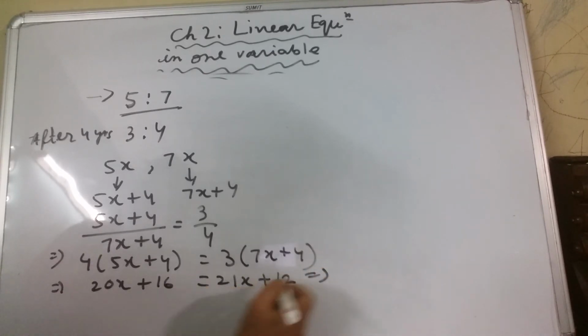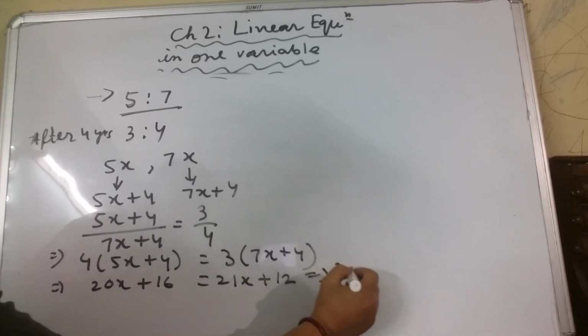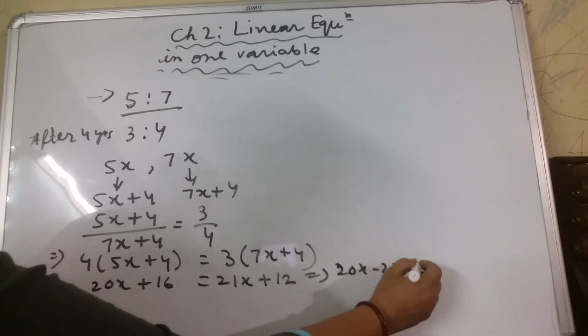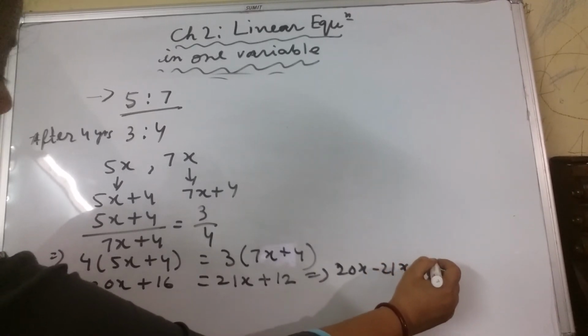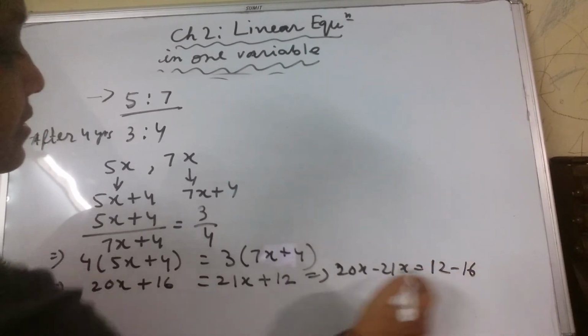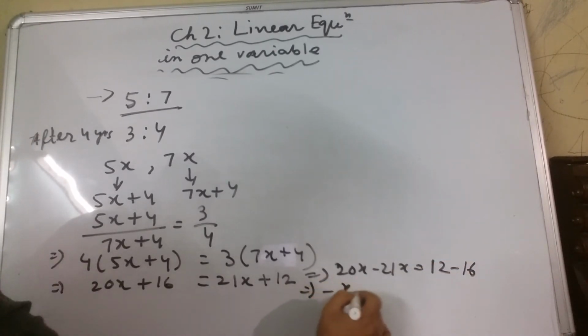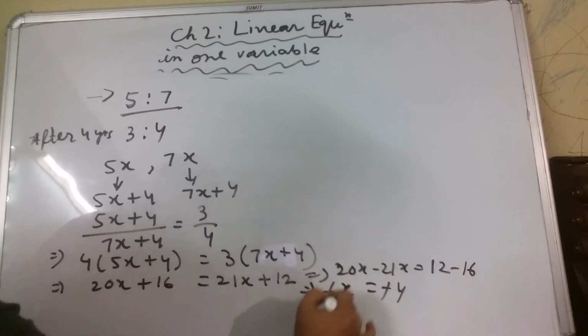Now 20x - 21x equals 12 - 16. So this is -x = -4, the minus signs get cancelled, so x equals 4.